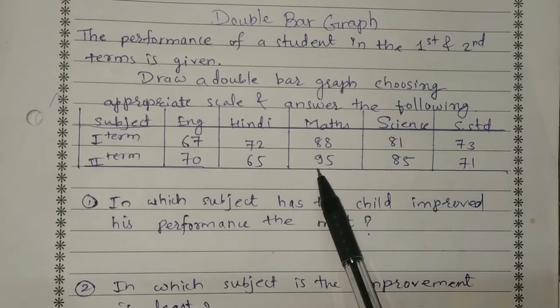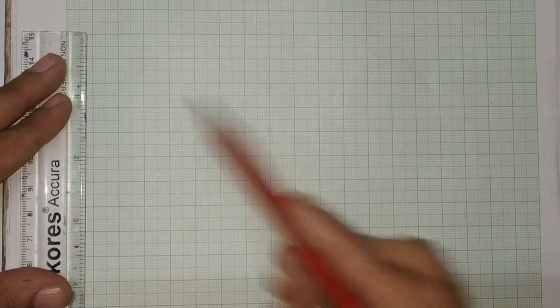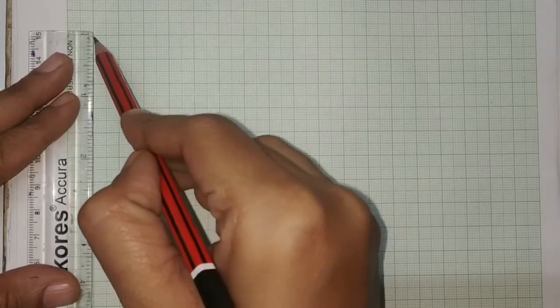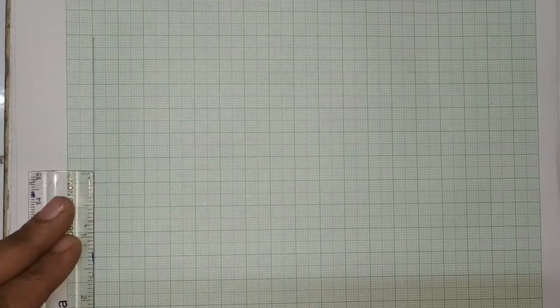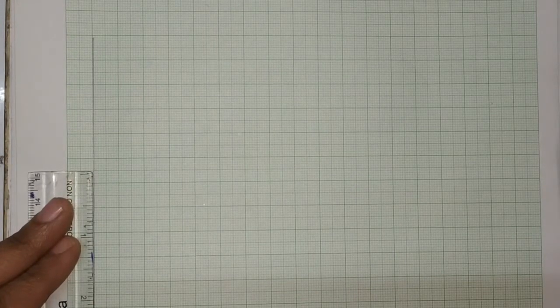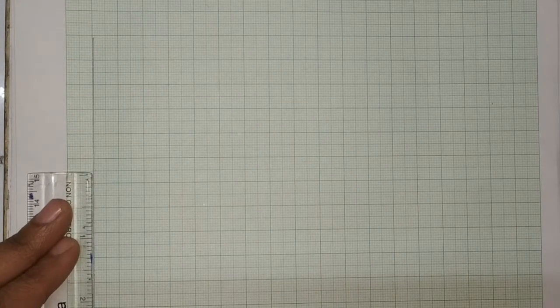We are going to draw this on a graph paper. So here we have this graph paper. We are going to draw the axes first. First we'll draw the y-axis, then I am going to draw the x-axis.